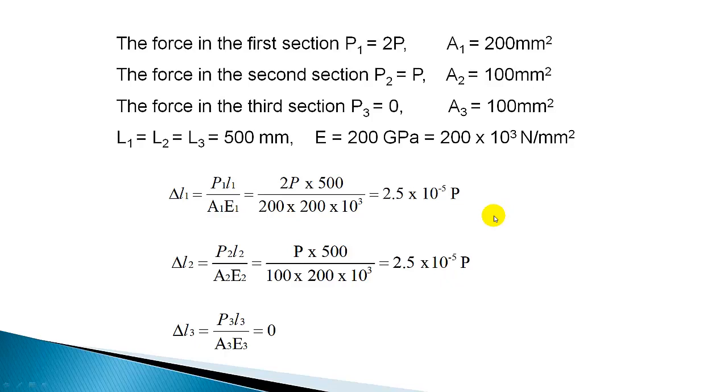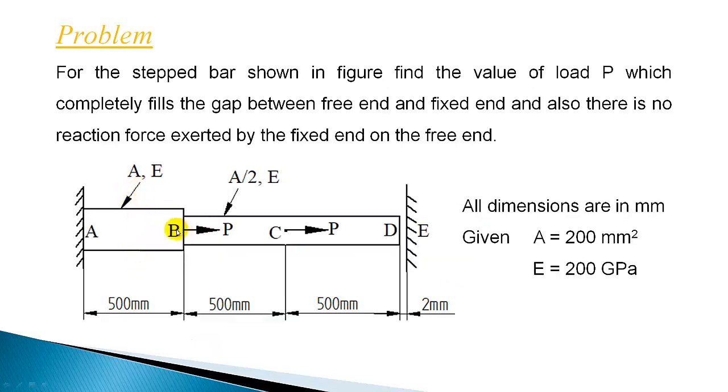So that means in the first section the force is 2P. Both the forces are acting for the first section. The force is more, area is A. In the second section BC, force is only P. It is reduced to half, but area also correspondingly reduced to half. So the elongation produced in both the sections are equal.